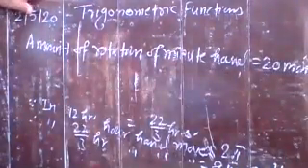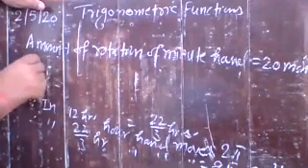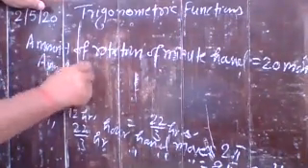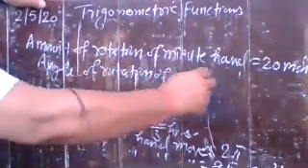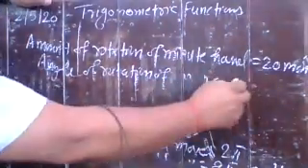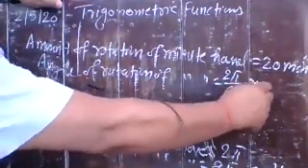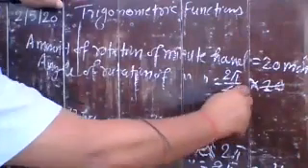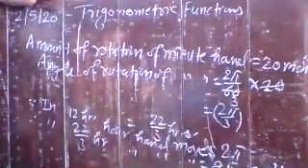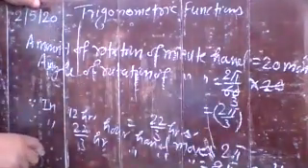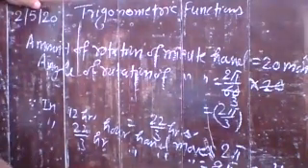How much angle does it rotate? Hence the angle of rotation of the minute hand is equal to 2 pi upon 60 into 20. So cancel it, here you have 3, means 2 pi upon 3 radian. So 2 pi upon 3 radian is the angle of rotation of the minute hand.